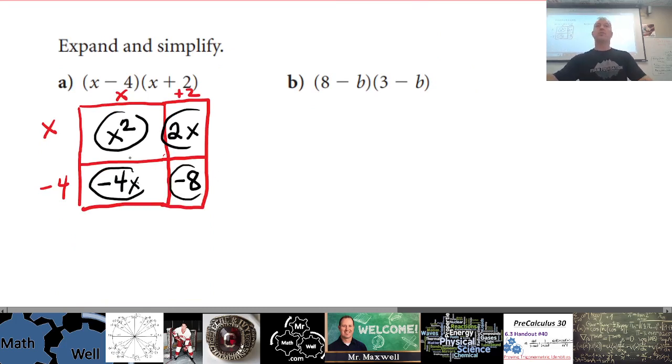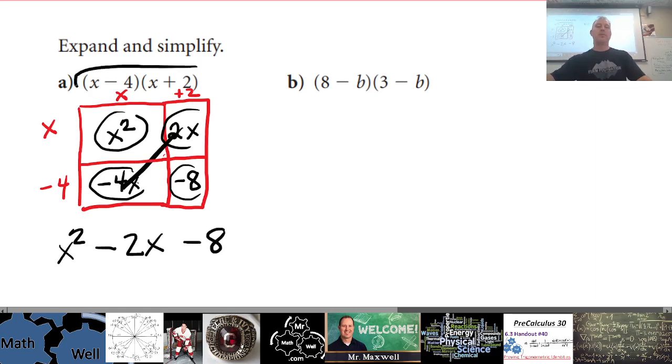So when we multiply this to get our final answer, you can see now visually, I'm going to gather like terms and write the resulting expression. X squared is all by itself. -4 plus 2 is -2x when you combine these two. And then you have a -8 over there. Okay? And when you expand this, this is what you get.